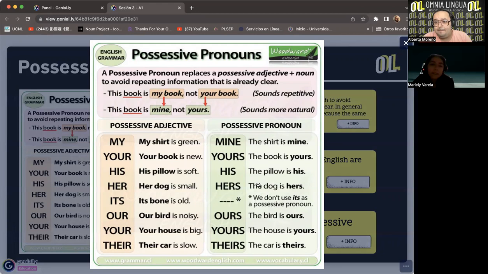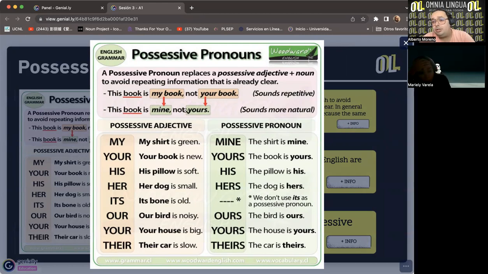¿Se podría repetir, por ejemplo? Bueno, por ejemplo, this book is mine, not your book. O sea, ahí ya no está correcto. Tendríamos que decir, this is mine, not your book. Okay. Tendríamos que omitir el book, o también podemos decir, this book is mine, not yours.